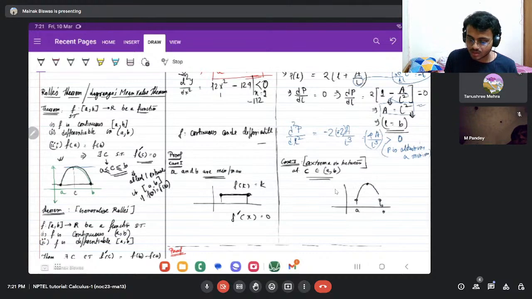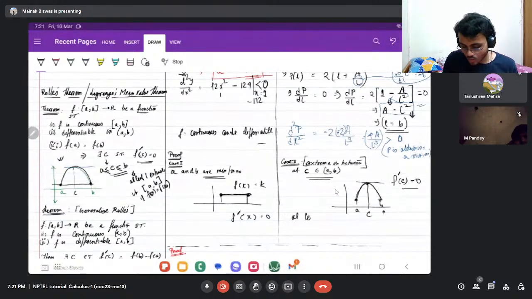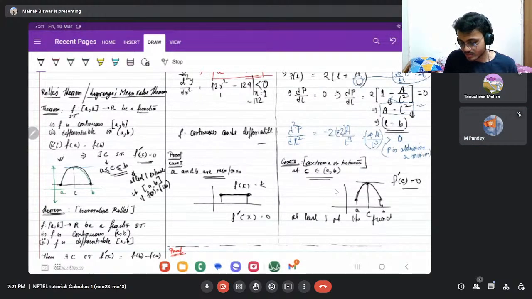At some point in between, if the function is continuous and differentiable, it will be a maximum. So at that point your derivative has to be 0, right? Yes. At least one point the function will be at an extremum.